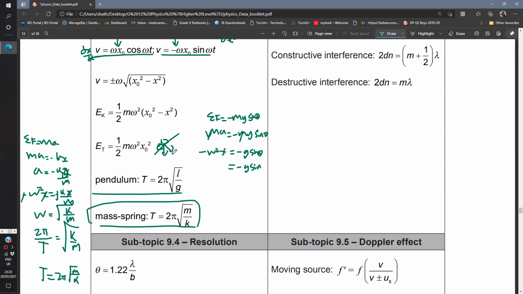Okay, so here we're going to have an angle. Basically L is the length of the rope itself, and then x is going to be the amplitude or the displacement. So it's going to be sine theta equals x over L.